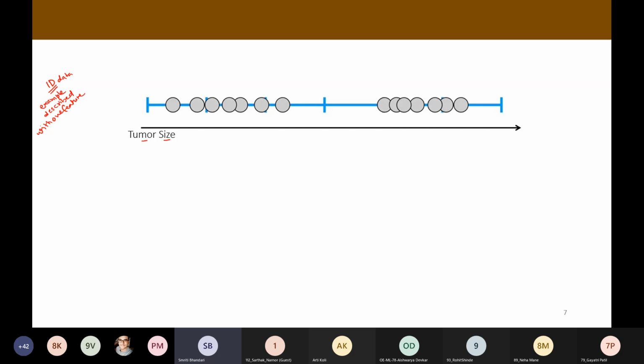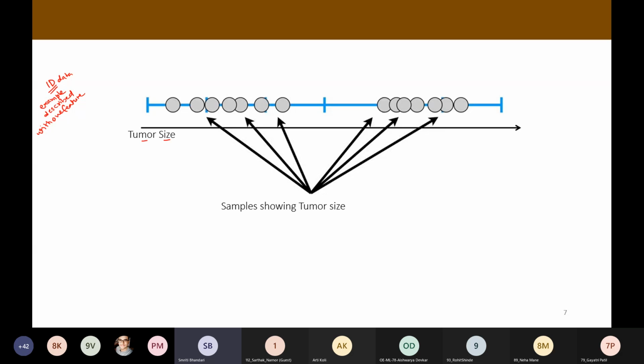Now this data belongs to two different classes. These samples show the tumor size, and they belong to two different classes.